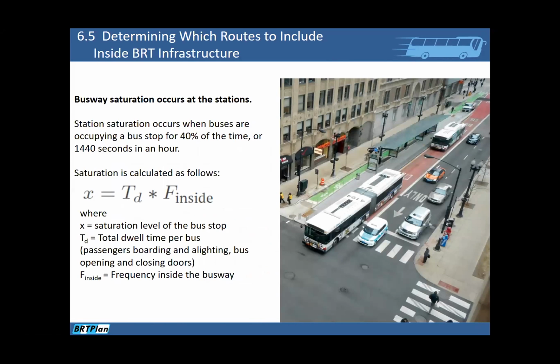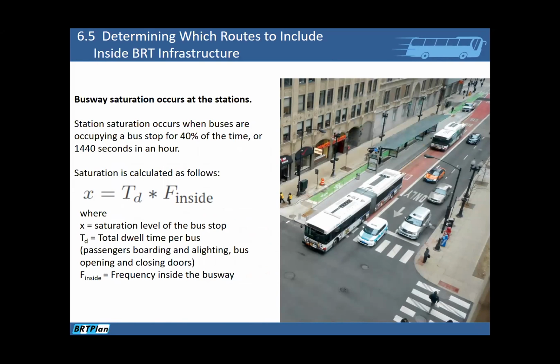So the way you calculate the saturation is pretty straightforward. You simply take the amount of dwell time that each bus on average takes at the bus stop that's the most backed up, and you multiply that by the number of buses.